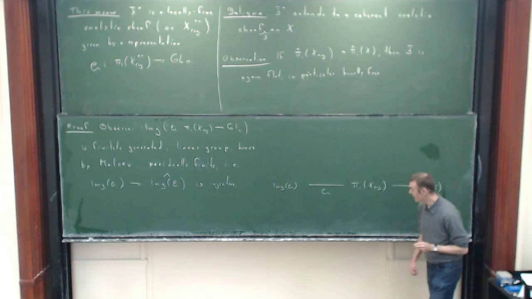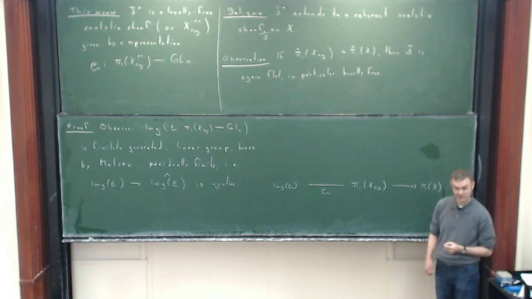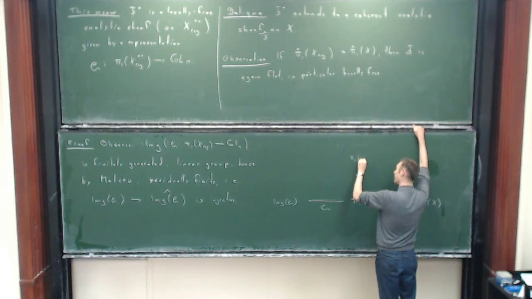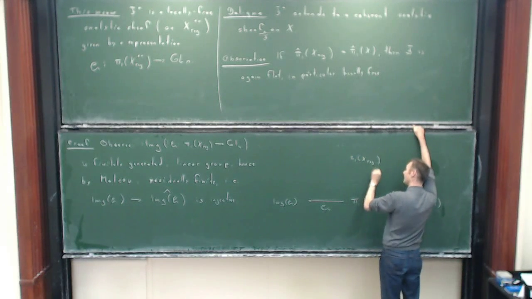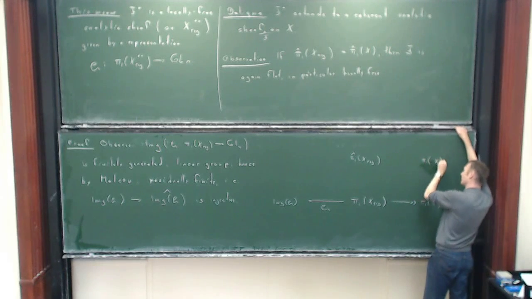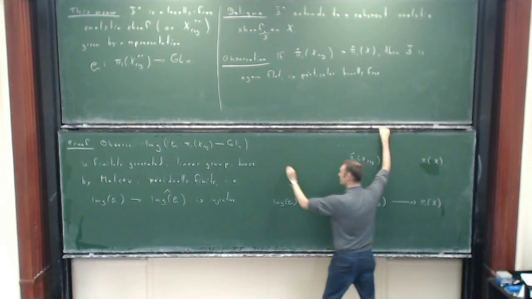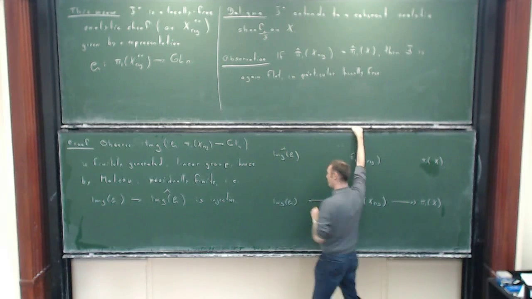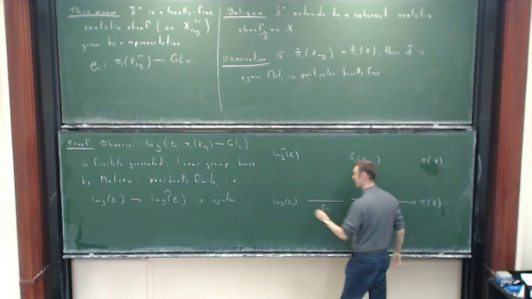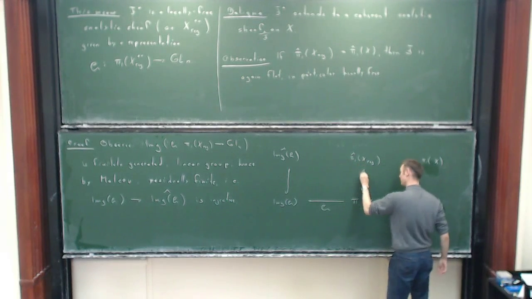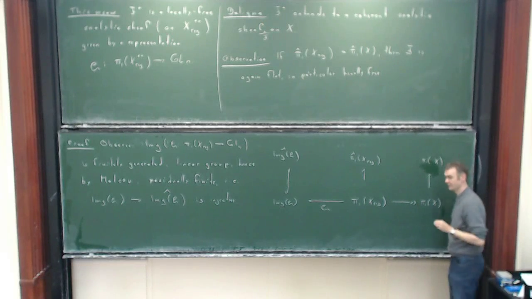Right. And for each of these three groups, I have the profinite completion. So there's pi 1 of X reg completed. There's pi 1 of X completed. And there is the image of rho completed. And I have the completion morphisms. And I know this completion morphism here is injective.